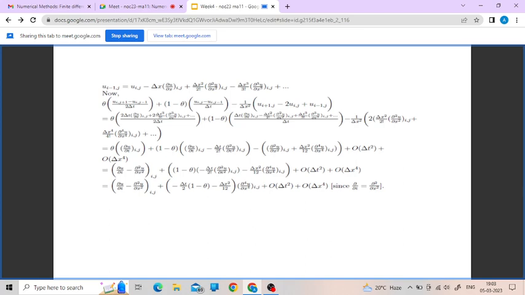So you will get the option as C. u(i, j+1) = 1/32 (30 u(i, j) + 5 u(i-1, j) - 3 u(i+1, j)).